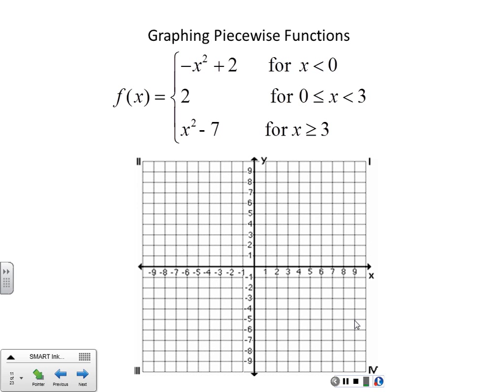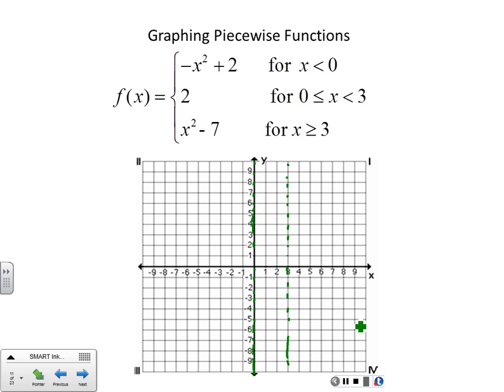Less than, thank you, 0. So the x values that you plug in for that first graph have to be less than 0. The second graph is going to be between 0 and 3, but not equal to 3. And then that last graph is going to be greater than.